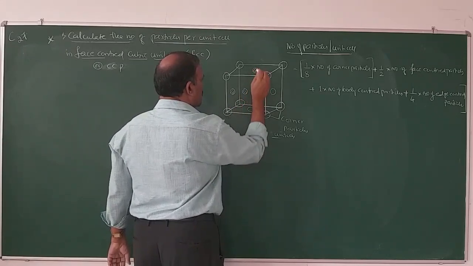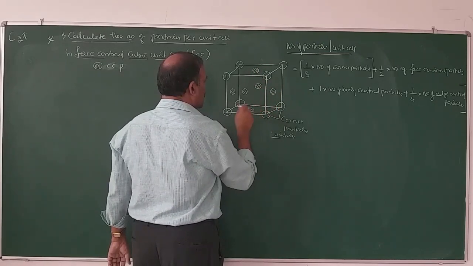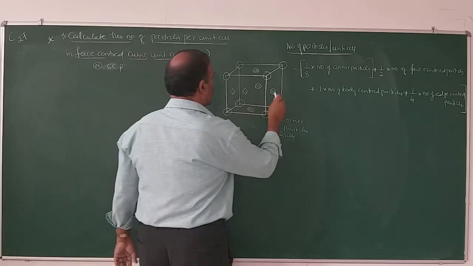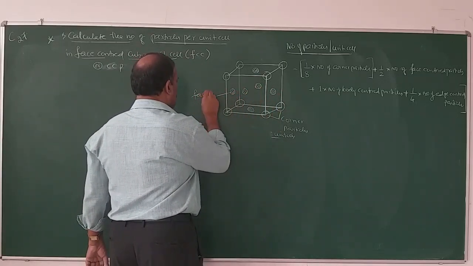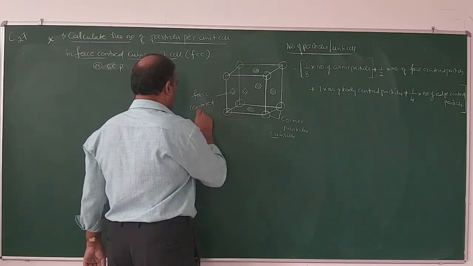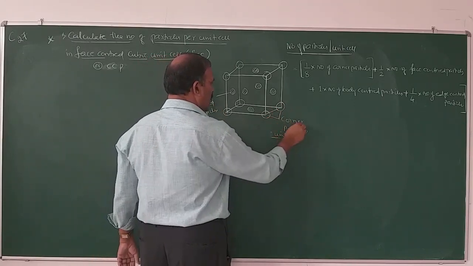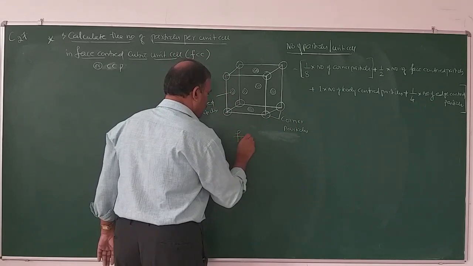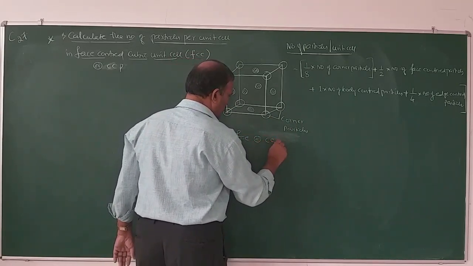There are 8 corner particles and 6 face centered particles. So these are face centered particles and these are corner particles. So this is FCC, face centered cubic crystal or CCP.